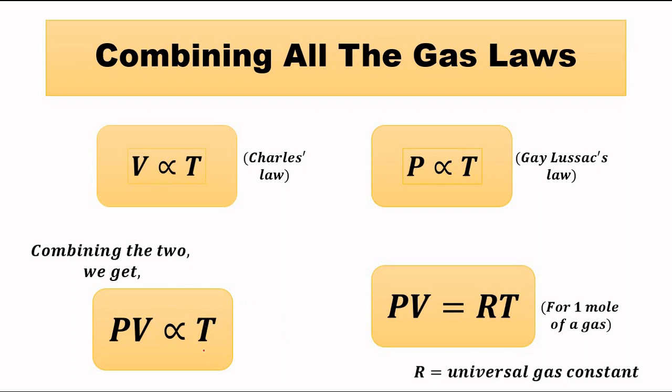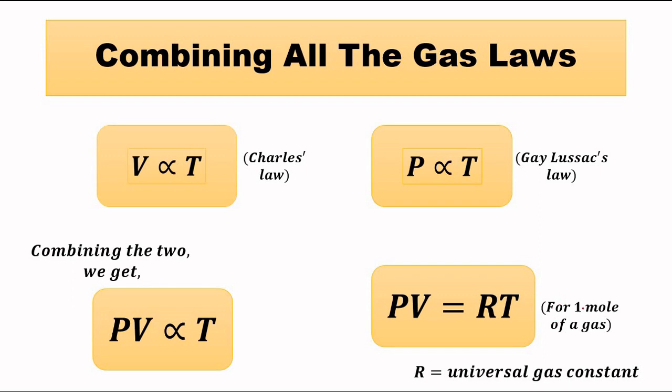Now we have to introduce a proportionality constant, that is PV = RT, where R is called the universal gas constant, and this is for 1 mole of a gas.